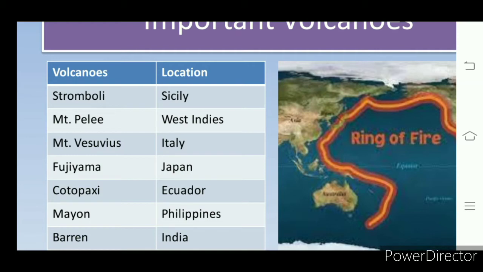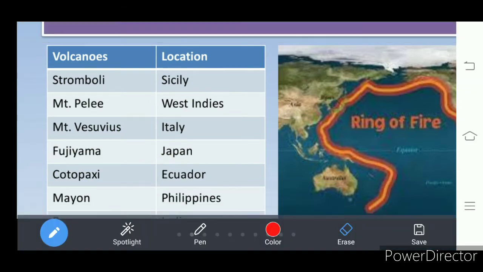Sicily is a country in the Mediterranean Sea, right? And next is Mount Pelee. It is in the West Indies. Then Mount Vesuvius. It is in Italy.